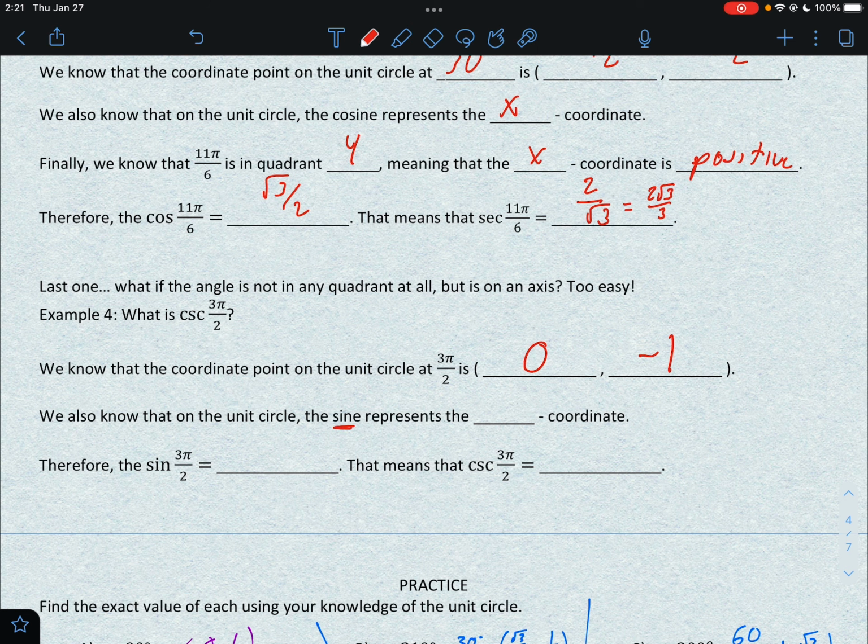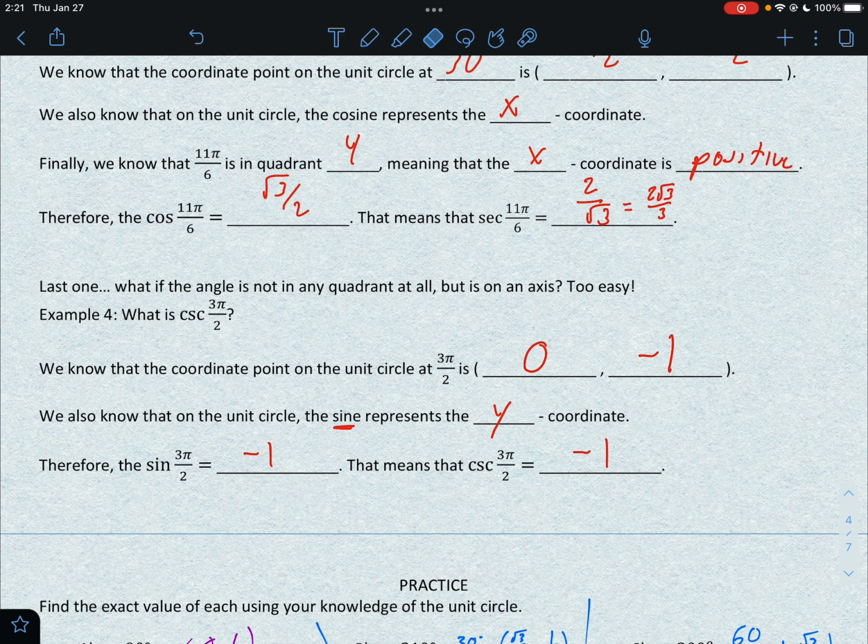Sine represents the y coordinate. So the sine of 3 pi over 2 would be -1, which means the cosecant is the reciprocal of that. The reciprocal of -1 over 1 is just 1 over -1, which is still just -1. So actually, the cosecant and the sine of 3 pi over 2 are the same.